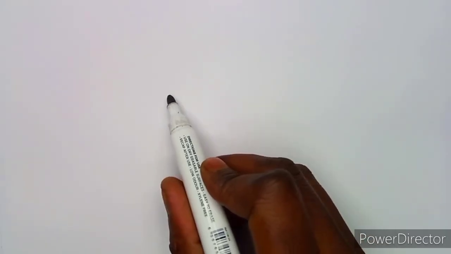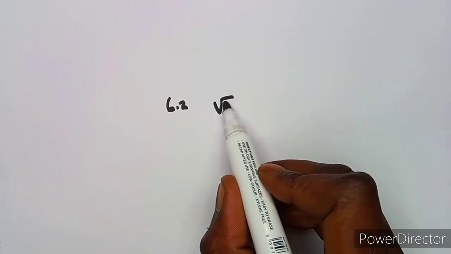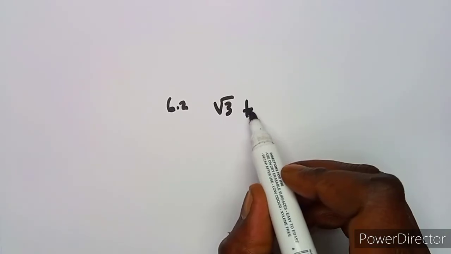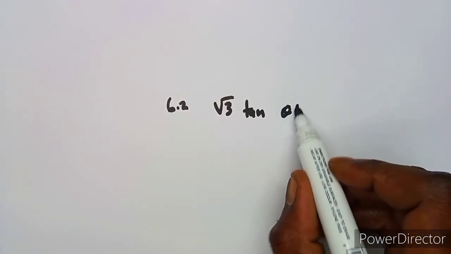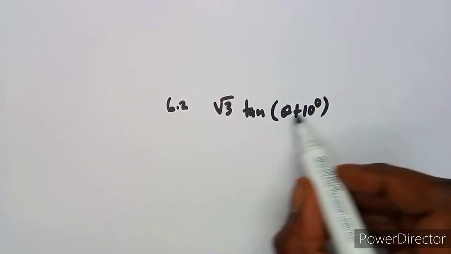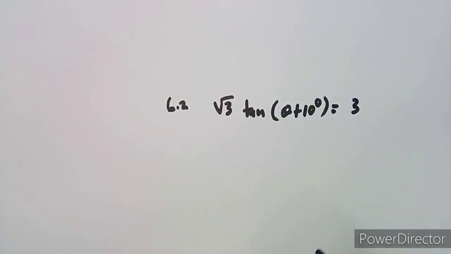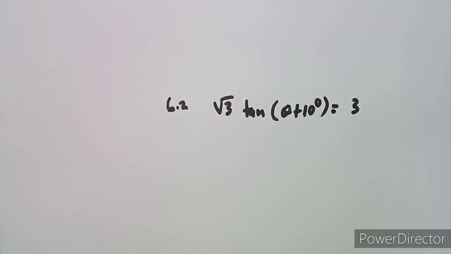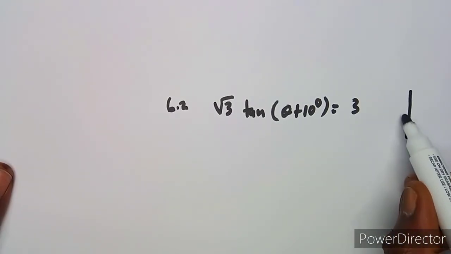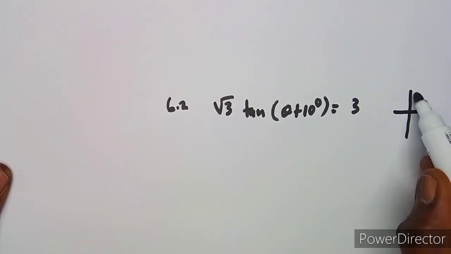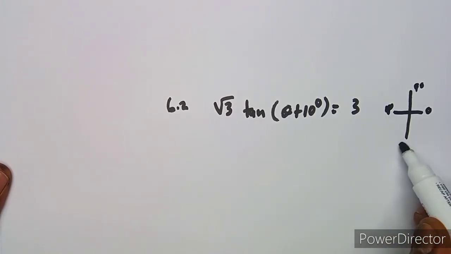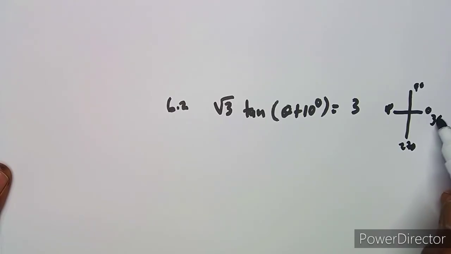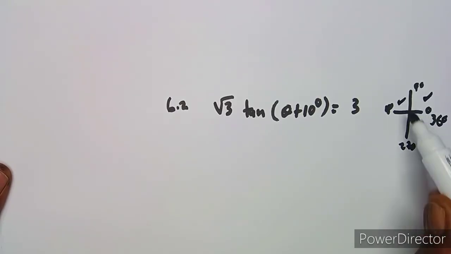We are given square root of 3 tan of theta plus 10 degrees equals 3. Remember the interval that you're given, 0 to 270. Remember your quadrants here: 0, 90, 180, 270 and 360. So we are working with this quadrant and this quadrant.